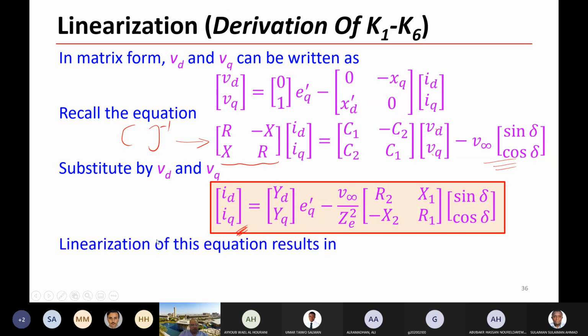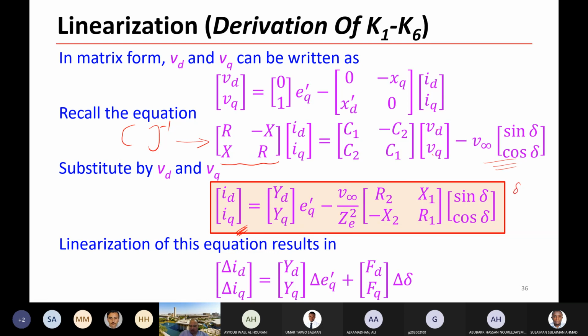So linearization of this equation results in delta ID, delta IQ equal to YD, YQ, delta EQ prime. V infinity is of course a constant, it doesn't change. These are constants, and you have here sine delta. If you replace delta by delta plus delta, and cosine also delta here, so you have sine and cosine of delta plus delta.